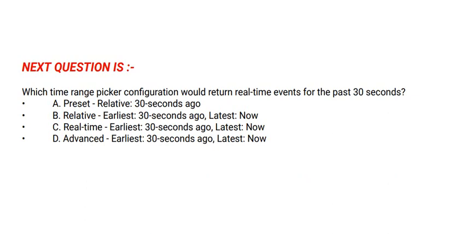Option C, real time earliest 30 seconds ago, latest now. And option D, advanced earliest 30 seconds ago, latest now. The correct option is option C.